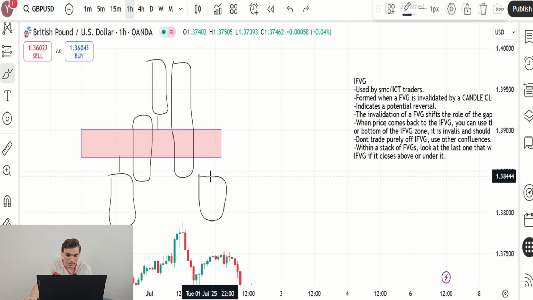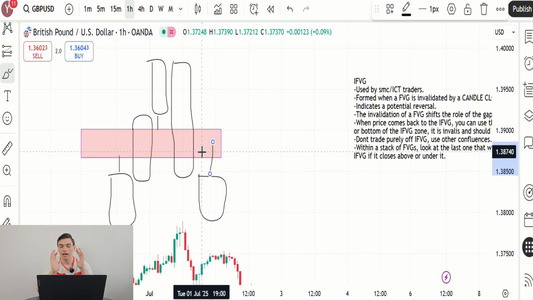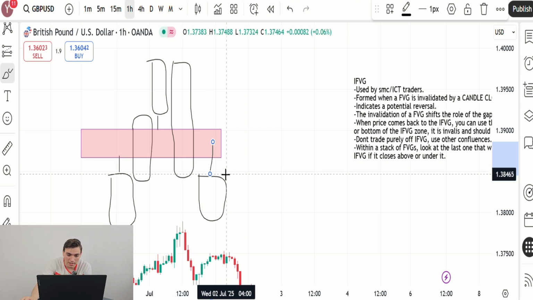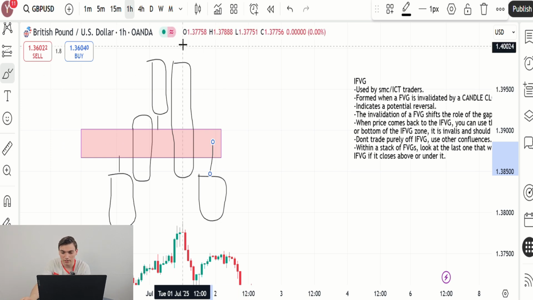Instead, if price goes into it like this and it doesn't close above the inverse fair value gap, in this case we can use it. But if price goes through it, we cannot use it anymore because it will be invalidated.